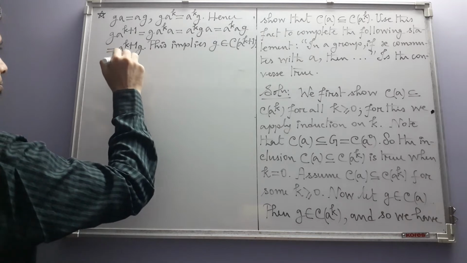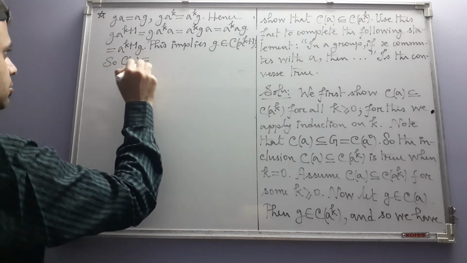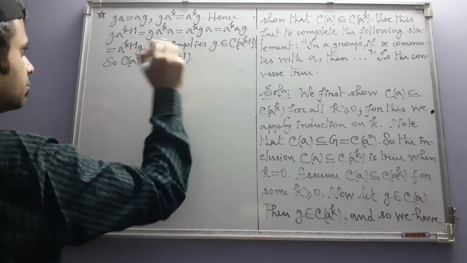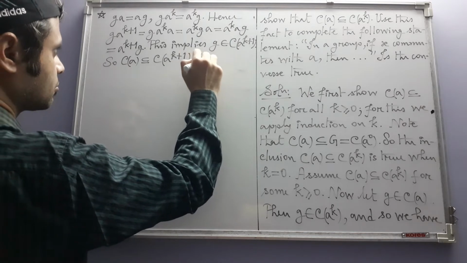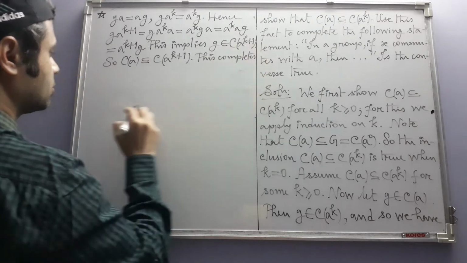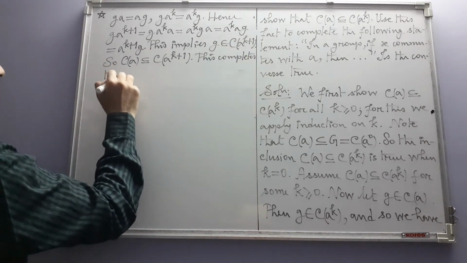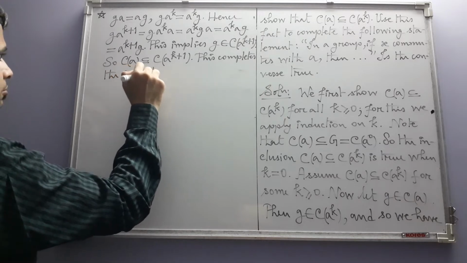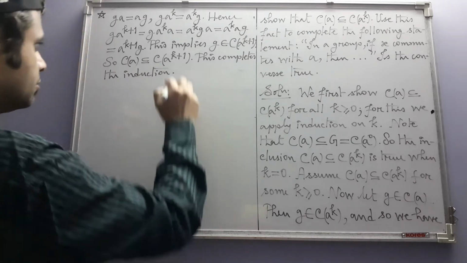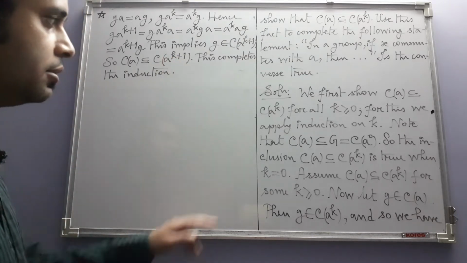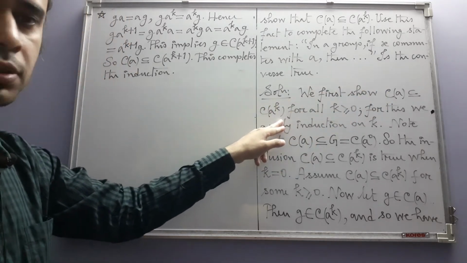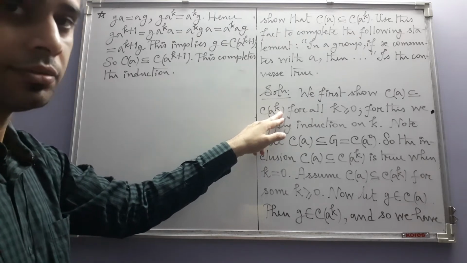So CA is contained in CA to the power k plus 1. This completes the induction. Okay. This means now our inclusion has been proved to be true for all non-negative integers k.